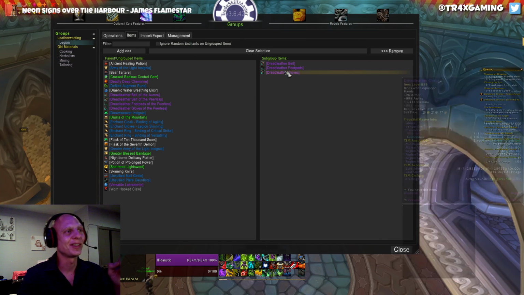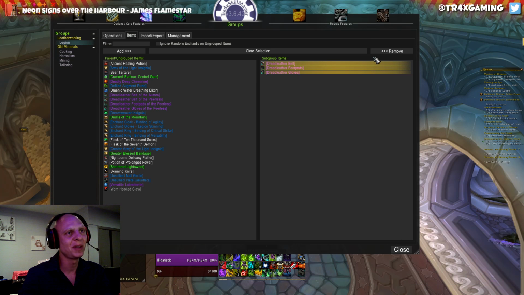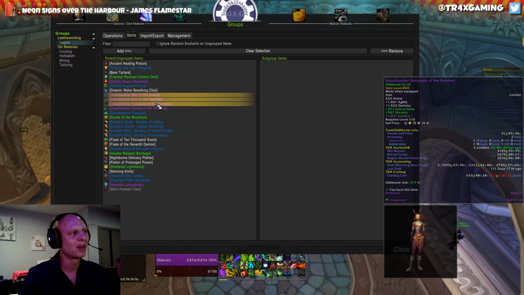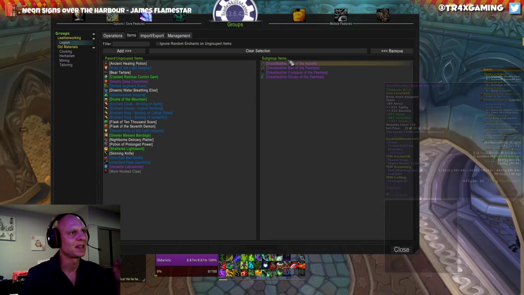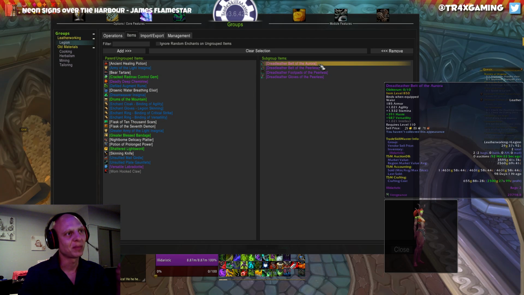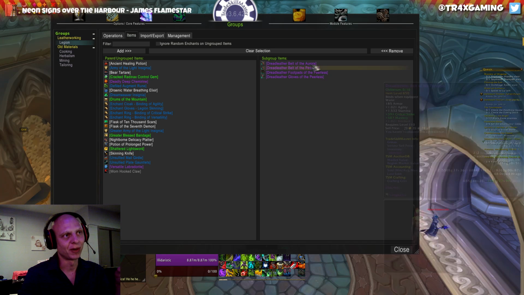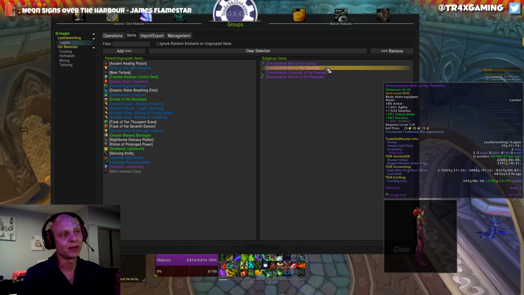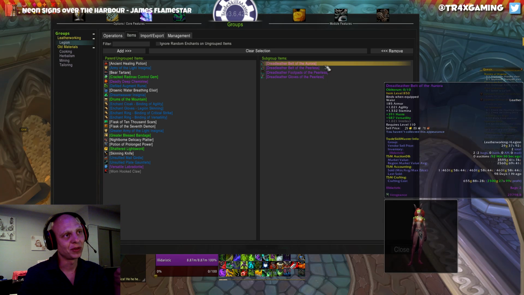Now what I actually do, maybe I'm one of the few who does this, I'm going to put all of the secondary stats separately in. So I can post 2 belts of the Aurora, 2 dread leather belts of the Peerless, instead of 2 maximum.